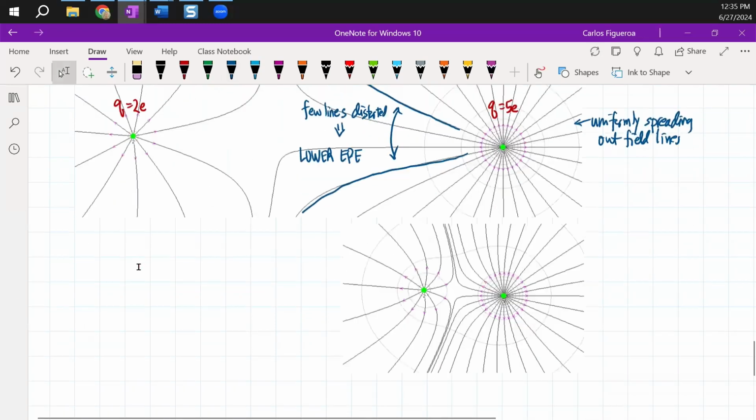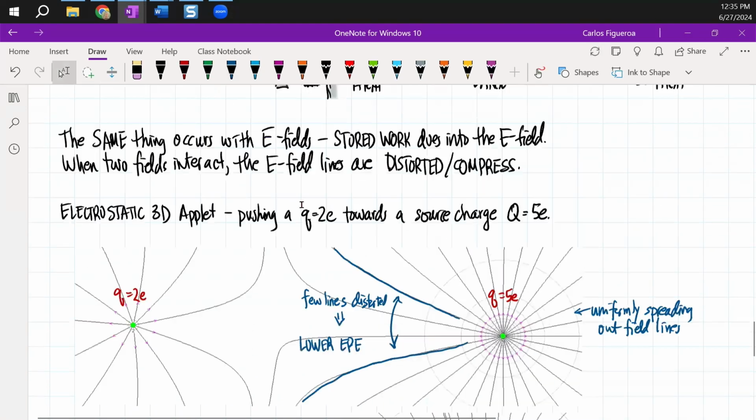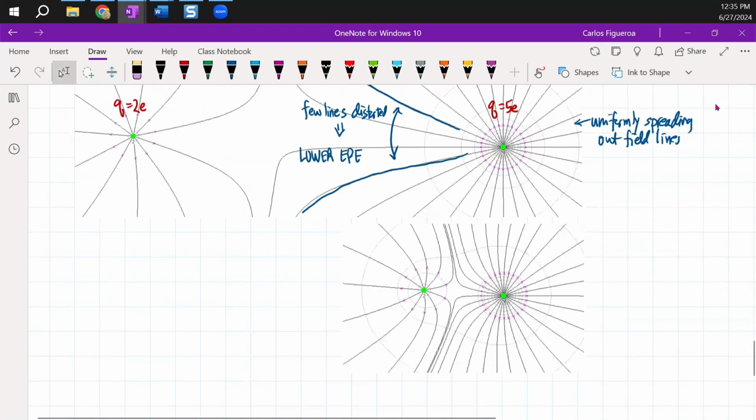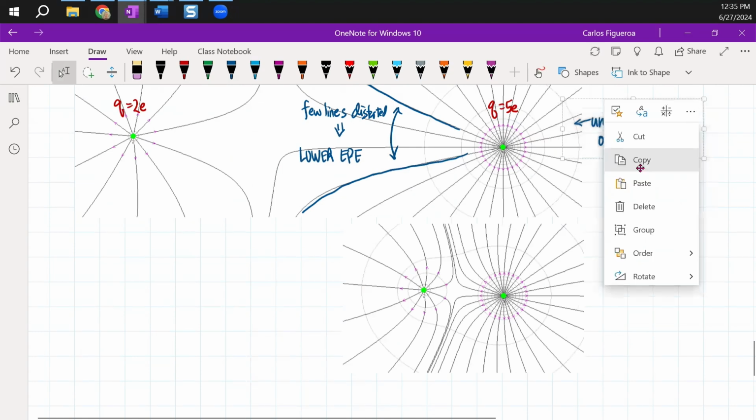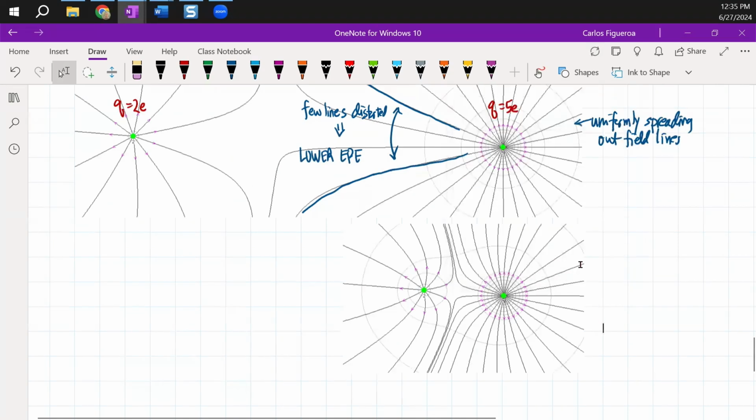Now let's go to this next one here. So remember, up here, just like I said up here, I should probably just copy this. Come on, I thought I copied this. Apparently not.